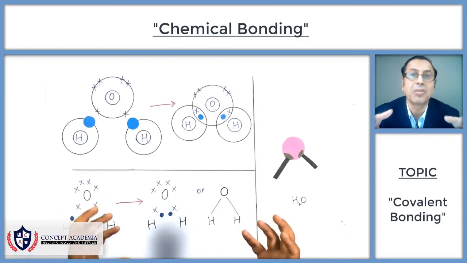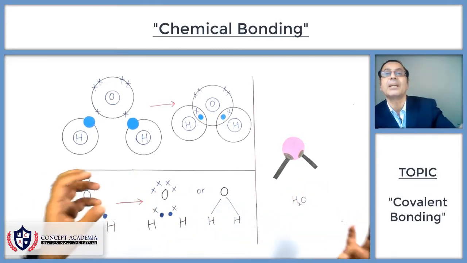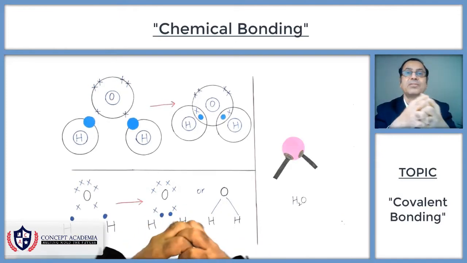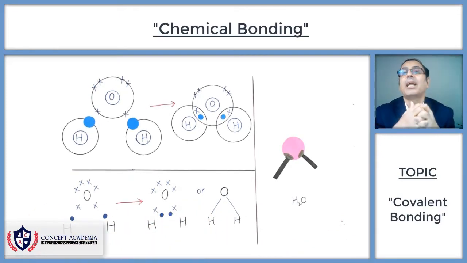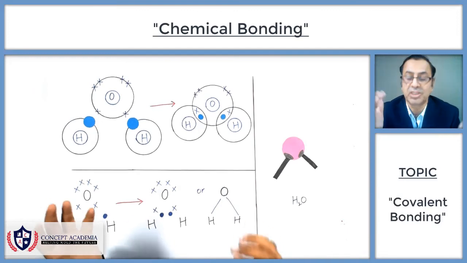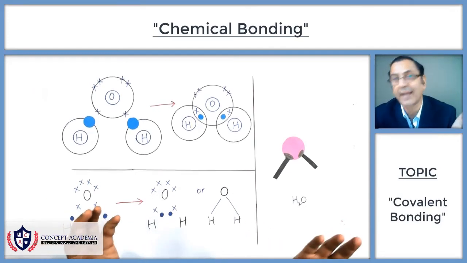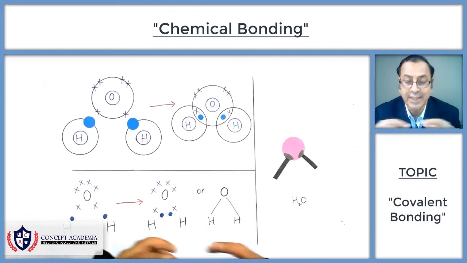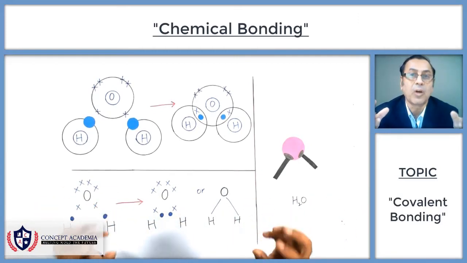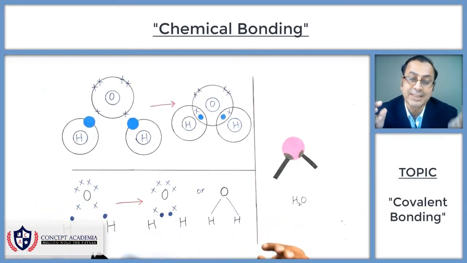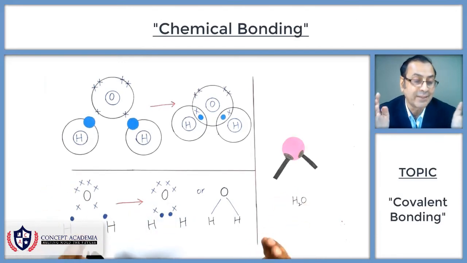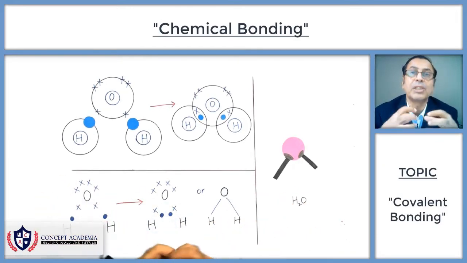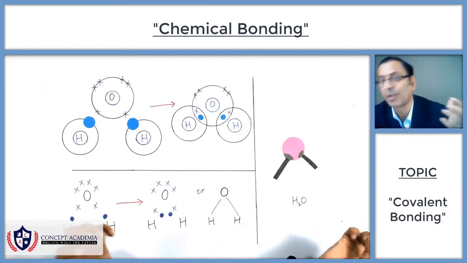In ionic bonding, ions are formed, and these ions are attracted because they have opposite charges, and we get a formula unit, which I shall describe in the next topics. That is for the ionic compound, and in the covalent bond, the atoms join to give us a molecule.